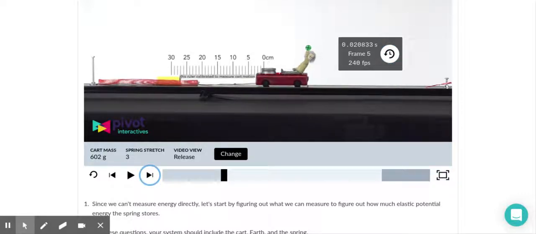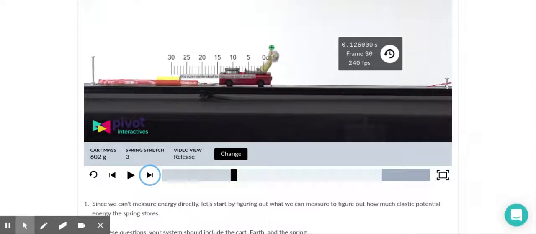Let's go until he gets to about, well, let's see how far he goes. I can stop him. When I stop him, I don't know, about there. It's about 19 centimeters. So 0.19 meters divided by the 0.158333 seconds.